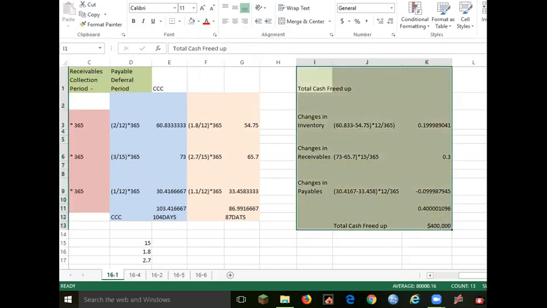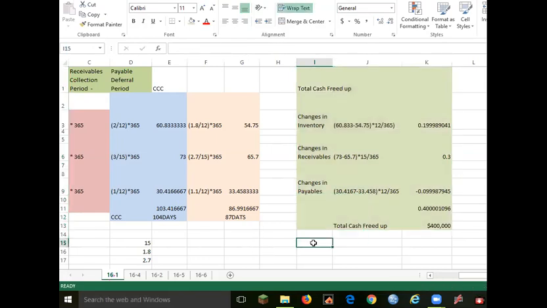So the last requirement is pre-tax profit. Pre-tax profit, total cash freed up is 4 lakh, whereas the interest percentage is 8 percent.